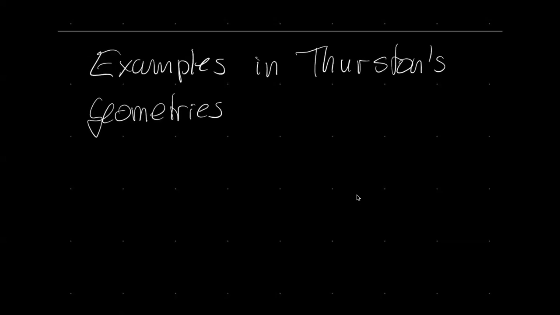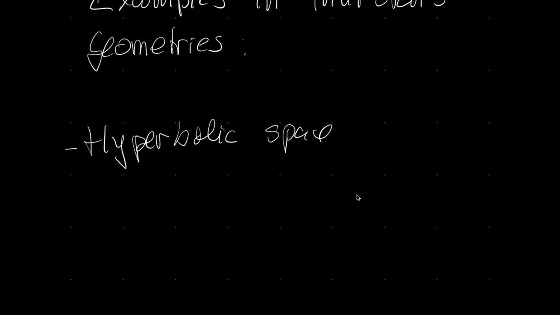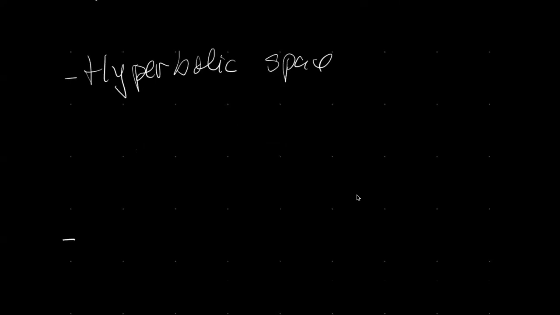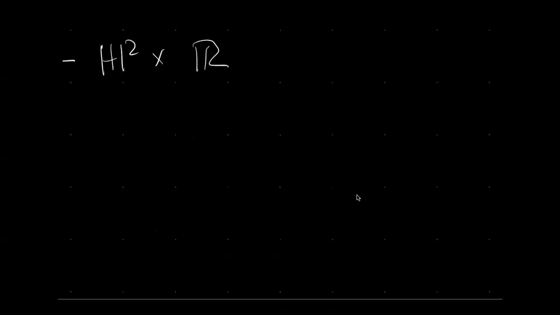So actually, some of the papers that I'm gonna mention are very recent, so I really don't know them that well. There's one that is less than a month old, so I haven't really read them so carefully. But I mean, you have examples in hyperbolic space, in H2 cross R. I'm leaving some space because I want to say something about each of them.